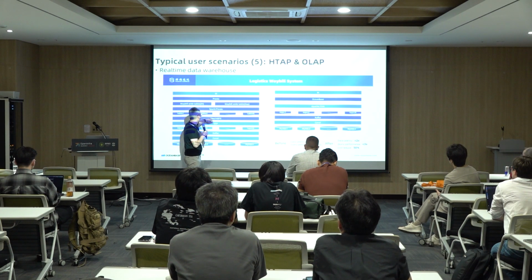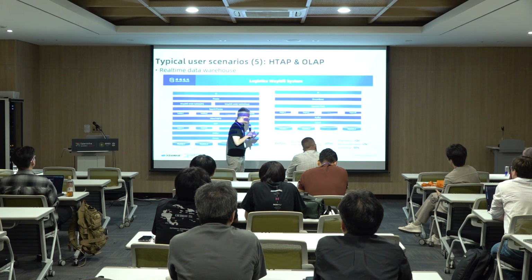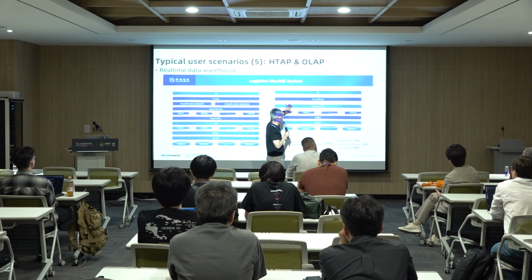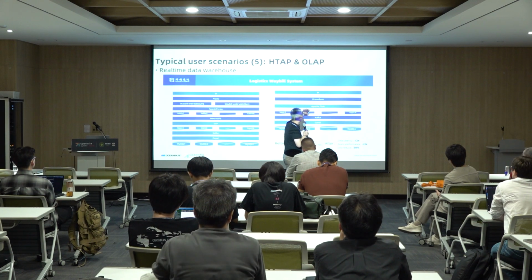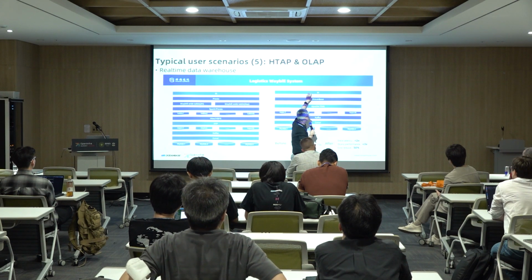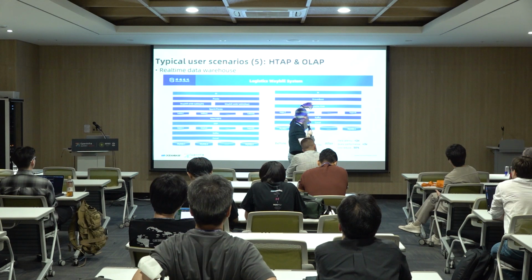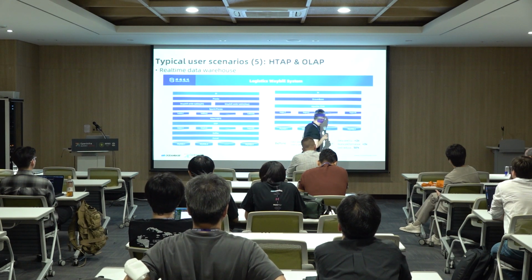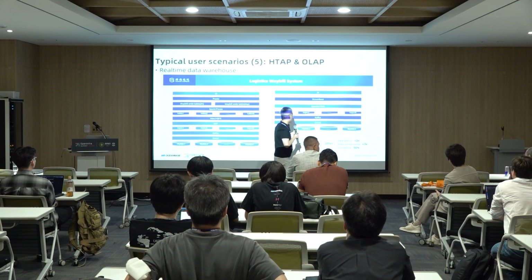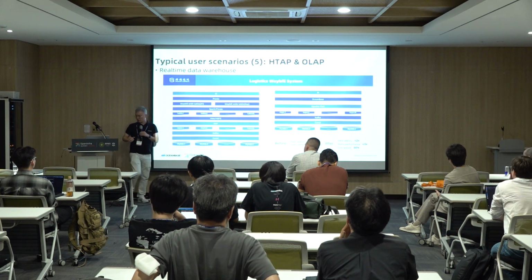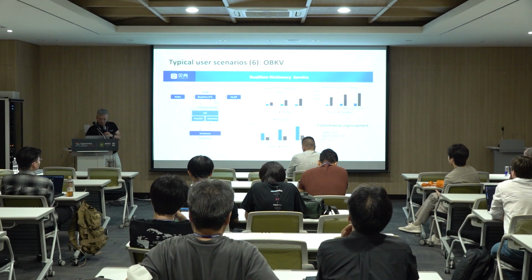It will pass through HDFS, Spark, Presto, but they switched to OceanBase. The data pipeline is very short. The only thing is just write data to OceanBase, and the client, business intelligence, just queries OceanBase. So the latency is very short, reduced from 2 hours to 2 seconds, the query performance improved much, and the cost has been saved 15%.